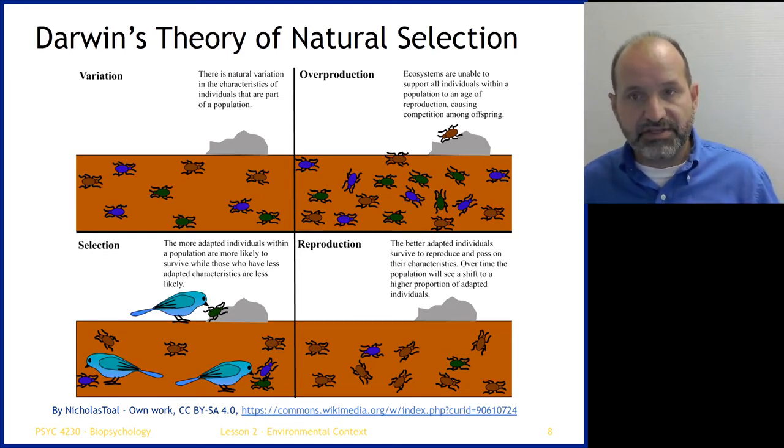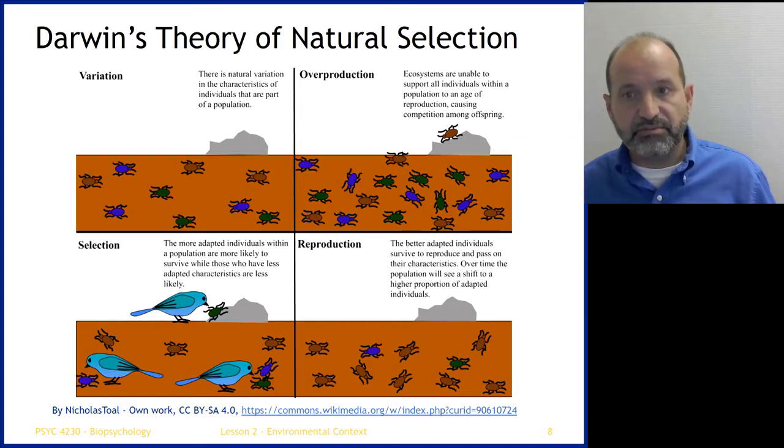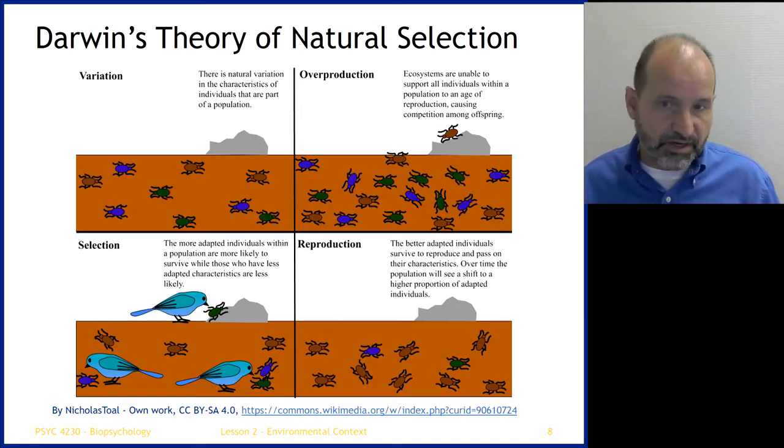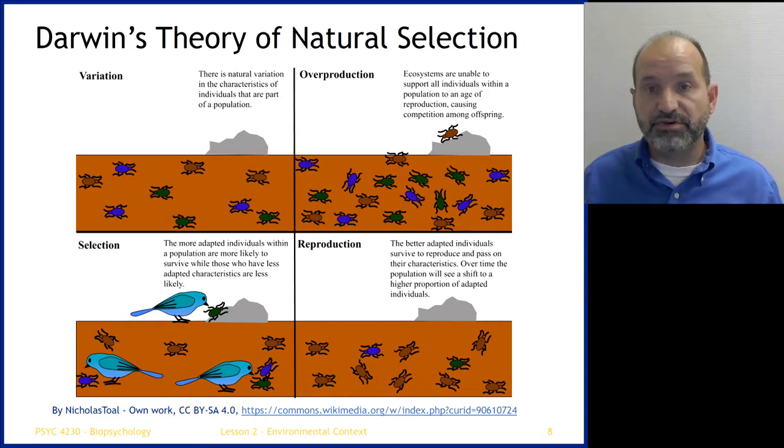The second key concept is that there's competition. That is, there's overproduction, that any given ecosystem is not going to be able to support all of the individuals within a population that could be reproducing. This means that there's going to be competition amongst offspring, competition for limited resources.